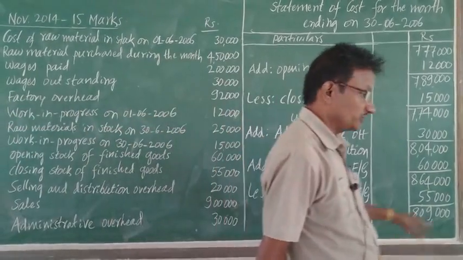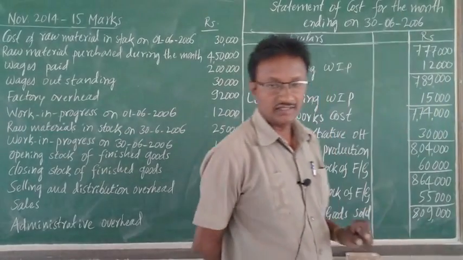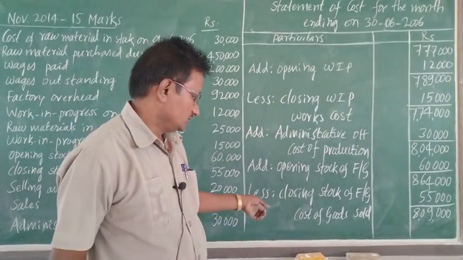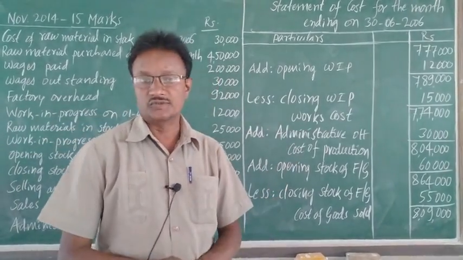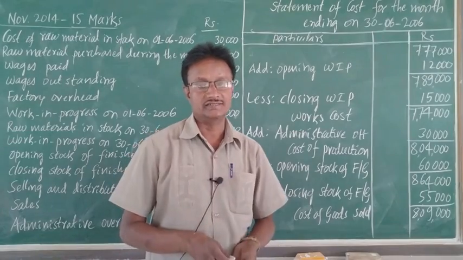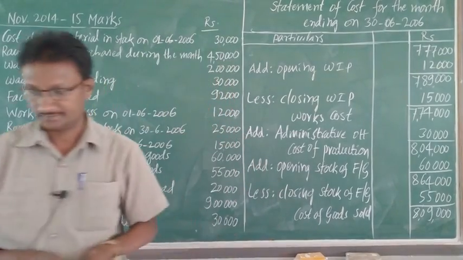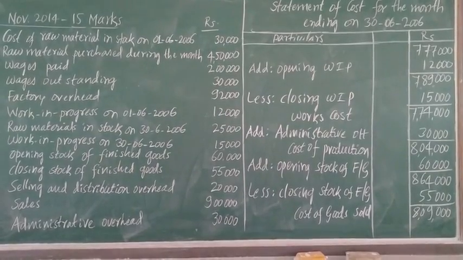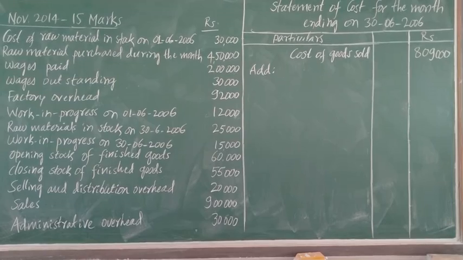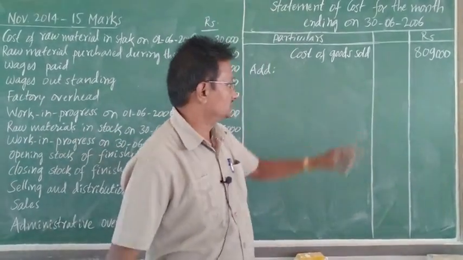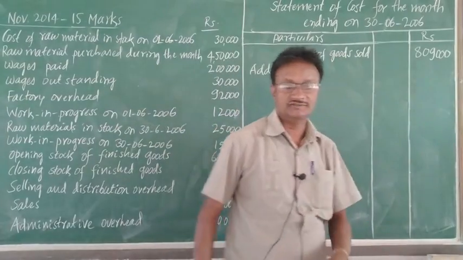To this cost, we have to add selling and distribution overhead. Selling and distribution overhead is related to the goods sold only. So, next we have to add selling and distribution overhead. Here, cost of goods sold is 8 lakh 9,000.